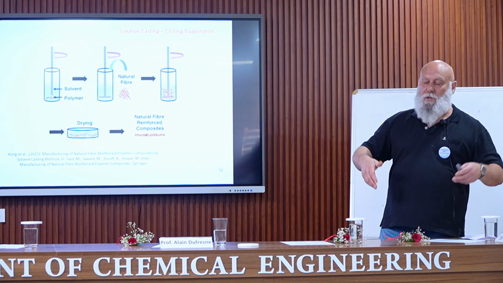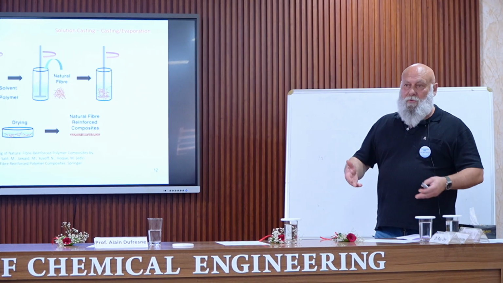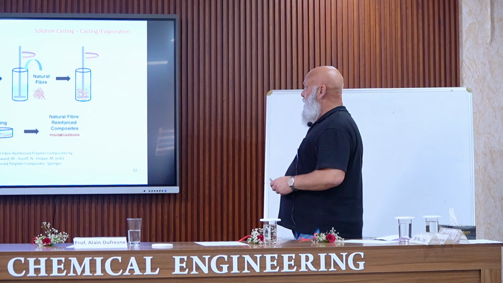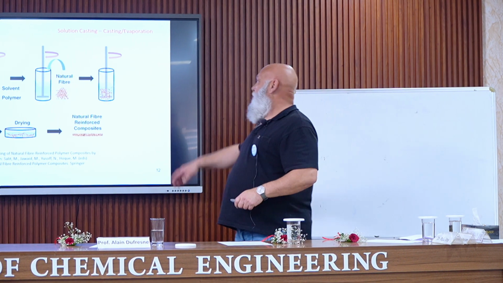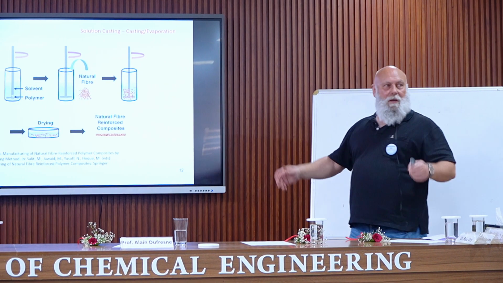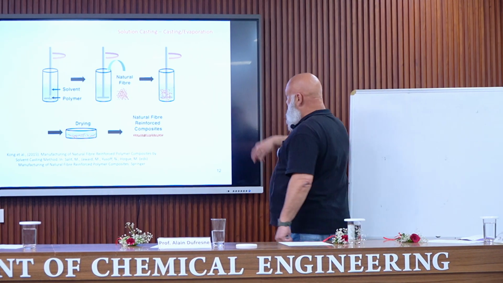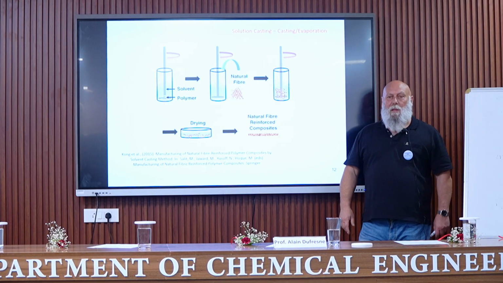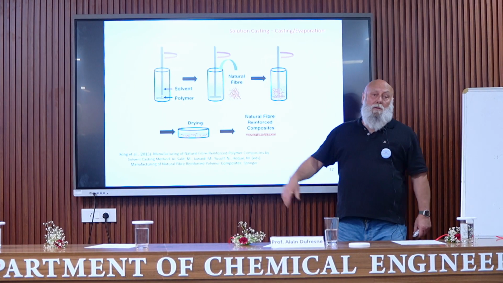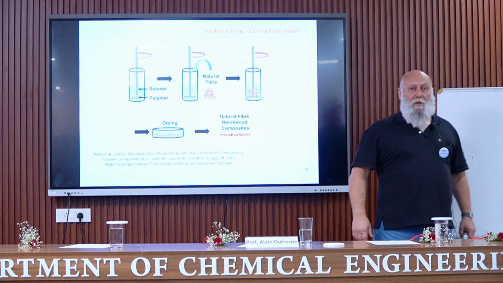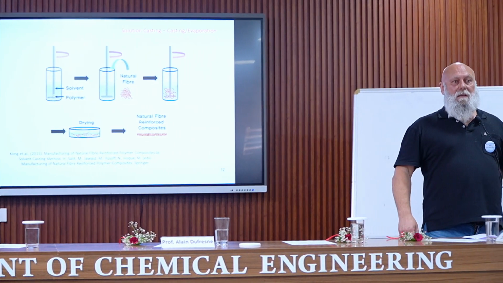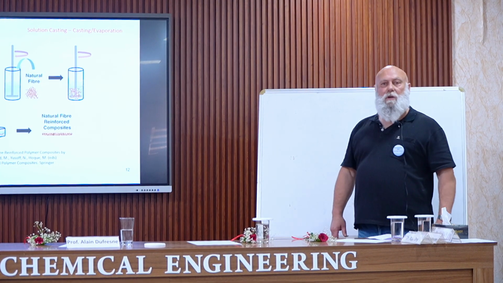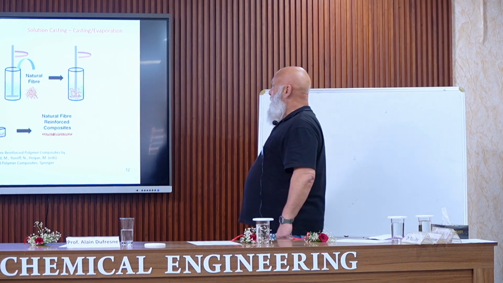It's better to use water, but we can use other solvents. So the polymer is dissolved, and then the natural fibers are added in the dry state or in the form of a dispersion. For this, it's necessary to have a relatively stable dispersion of the natural fibers in the same liquid as the solvent for the polymer.